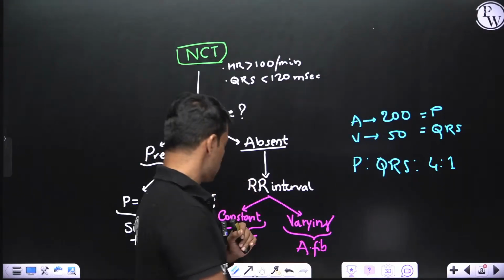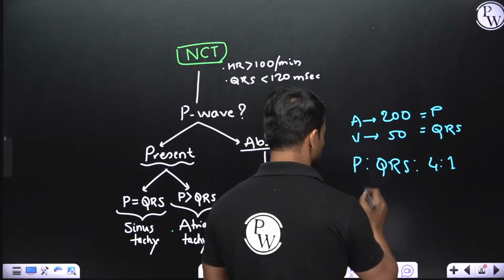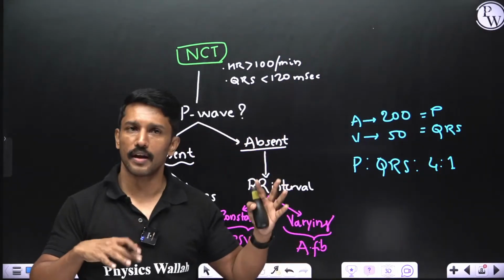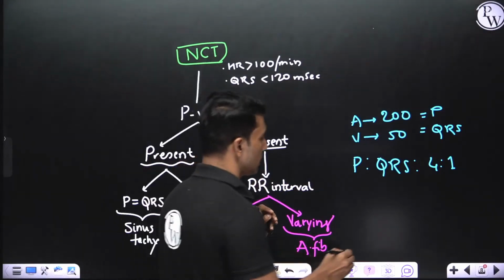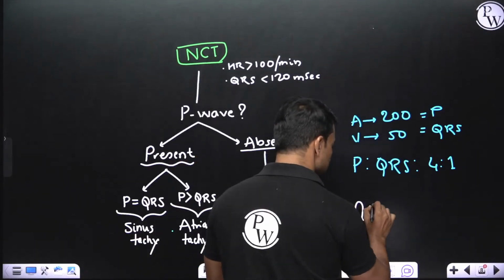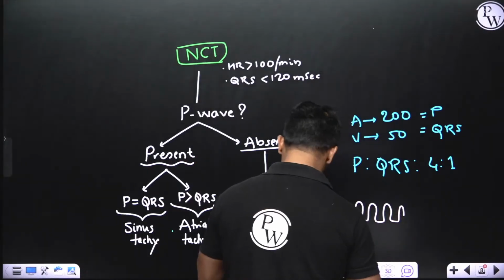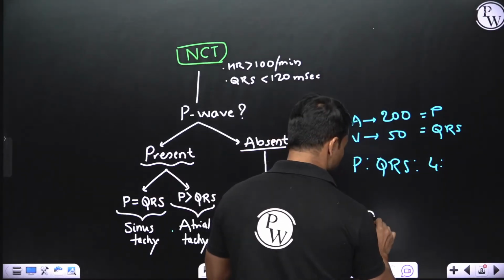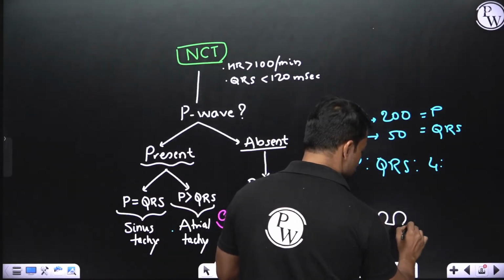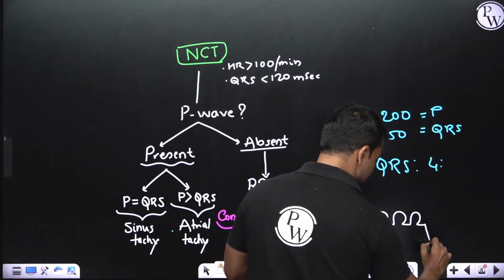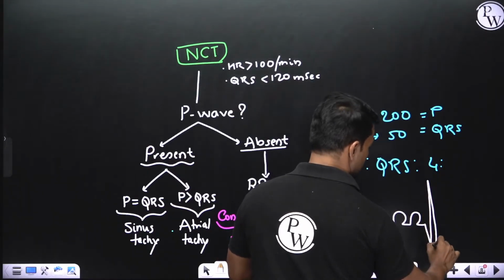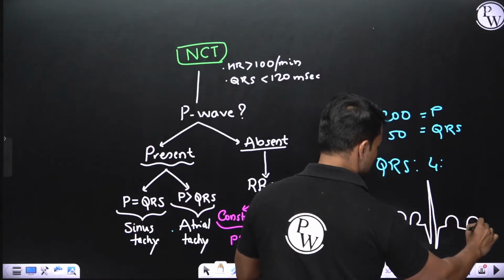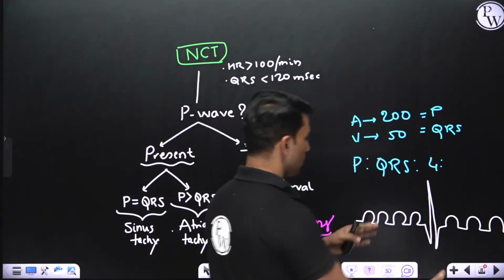So sometimes when I am dealing with an atrial tachycardia, where the atrial rate is way higher than the ventricular, the ECG may look like this. Atria contracts, P wave, atria contracts, P wave, atria contracts, P wave, atria contracts, P wave, and then one ventricular contraction appears. Again atria contracts, atria contracts, atria contracts, and then a ventricular contraction appears.